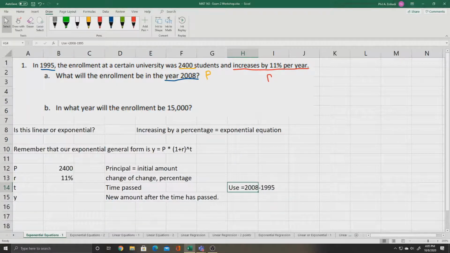It's important to pay very, very close attention here to the year that the problem begins in. Because if they give you a second year afterward, you'll have to subtract them to actually find the time that's passed. And we'll say equals 2008, subtract 1995. Excel will calculate t for us, giving us 13.